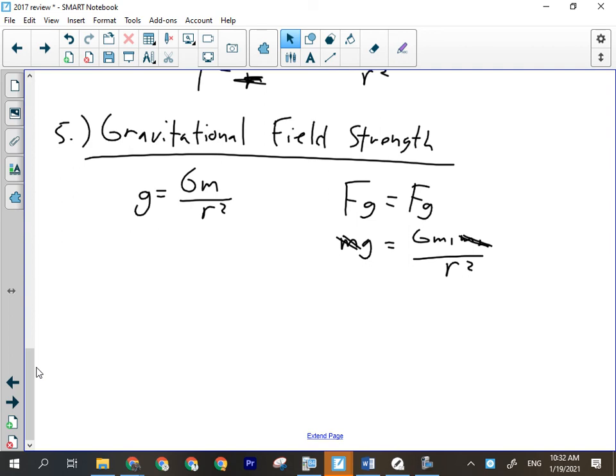Question 3, gravitational field strength. Okay, question number 4, Newton's second law. Problem.